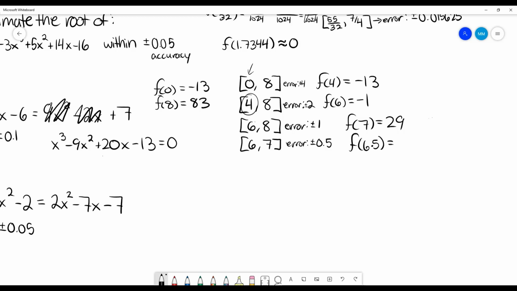We're going to plug in 6.5, and I'm just going to do this with a calculator this time. So 6.5 cubed, minus 9 times 6.5 squared, plus 20 times 6.5, minus 13 gets us 11 and 3/8, which is positive, so we're going to replace that 7 with it.